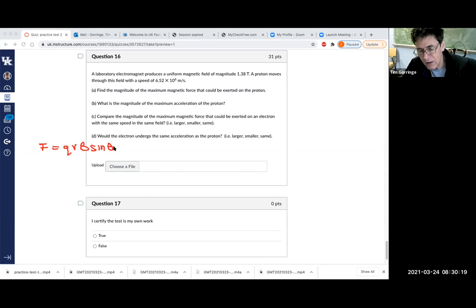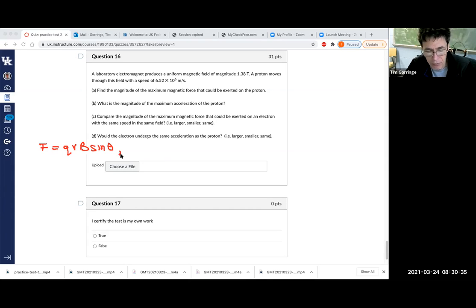One is the velocity vector of the moving particle, and one is the magnetic field vector describing the magnetic field. So that's the force on a moving charged particle in a magnetic field.